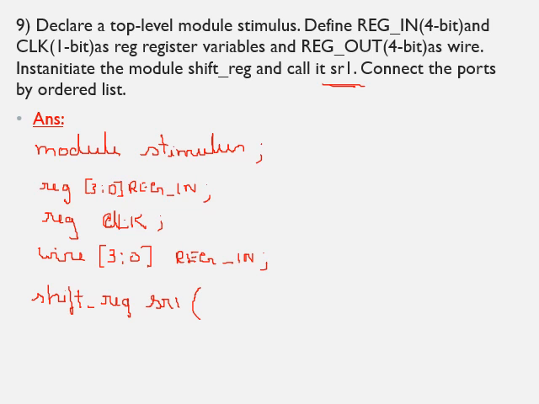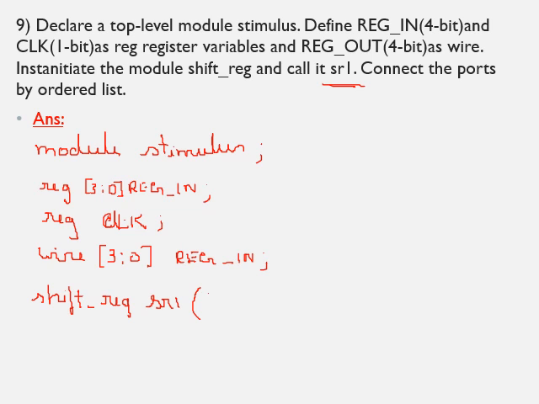order. So in the module definition of shift register, we have declared first the 4-bit output port register out, followed by 4-bit input port, that is register in, and lastly the clock, that is a single bit input port.